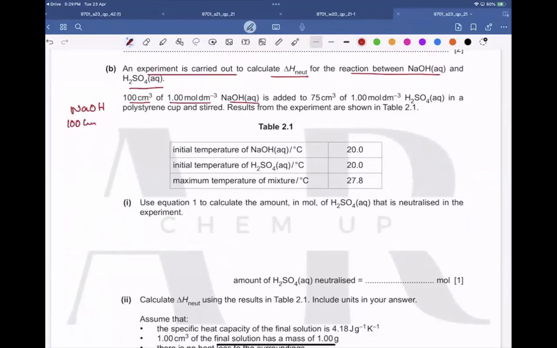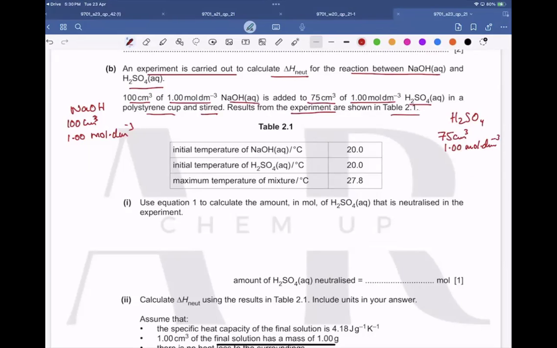Sodium hydroxide volume is 100 cm3 and its concentration is 1.00 mol per dm3, is added to 75 cm3 of 1 mol per dm3 sulfuric acid. So the sulfuric acid volume that we used in this experiment is 75 cm3 and the concentration is 1 mol per dm3, in a polystyrene cup and stirred.